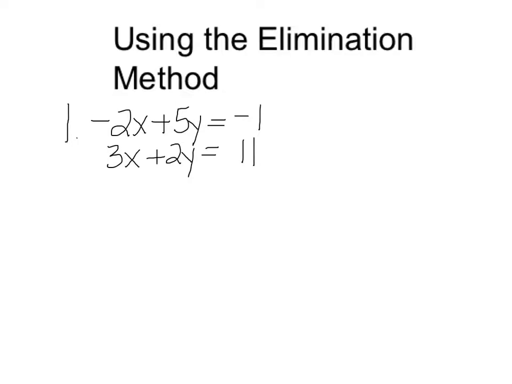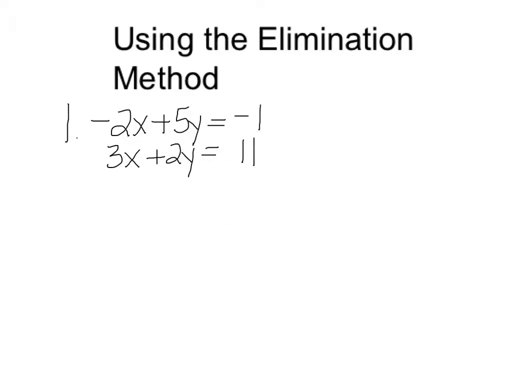Should I change things into 6s or should I change things into 10s? And usually people like to use smaller numbers. So I'm going to try to eliminate the x's, and that means I have to turn the negative 2x into a negative 6x, and I got to turn the 3x into a positive 6x, because then they would eliminate.